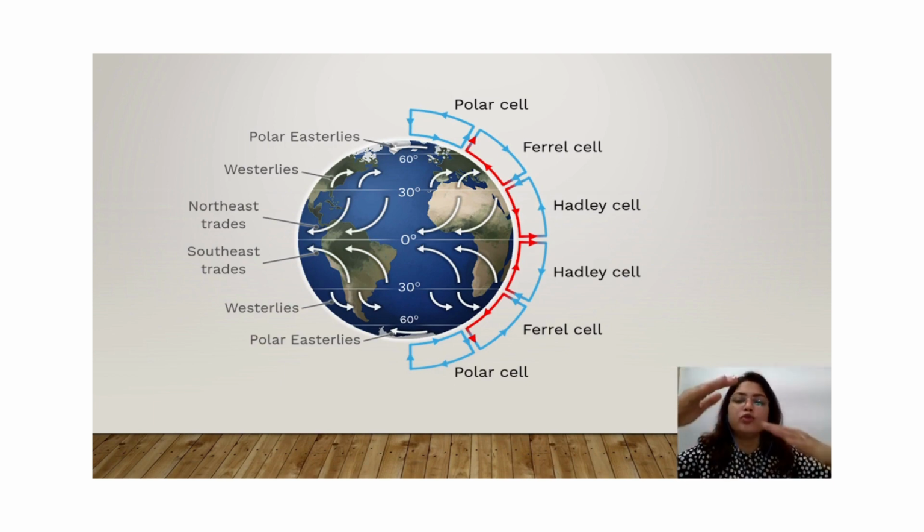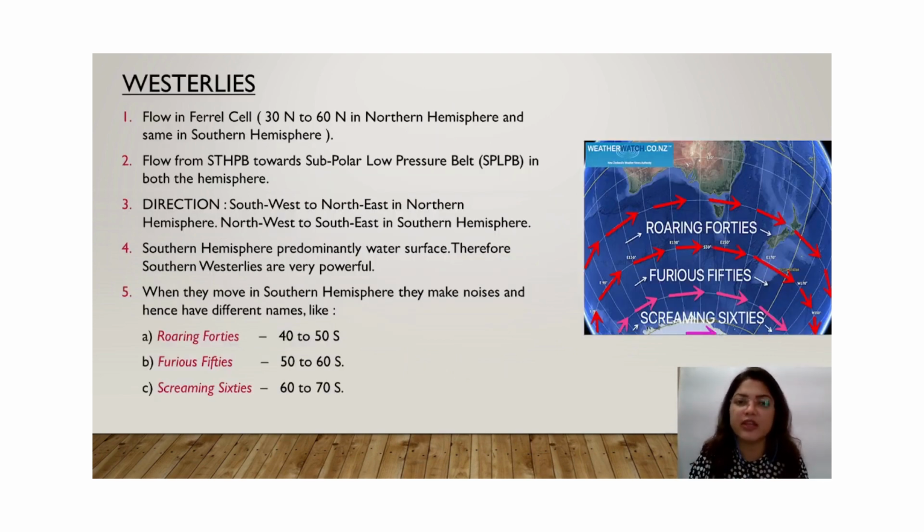And to fill that gap created by the low pressure area, the winds from the subtropical high pressure area blow towards the low pressure area. And this cycle continues. Like the Hadley cell, this cycle also continues in the Ferrel cell, and the wind comes from the western side. That's why it's known as westerlies.